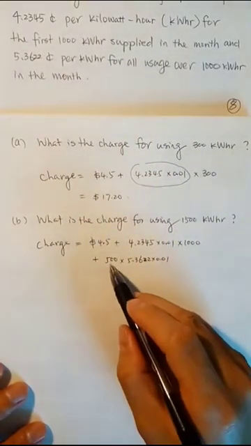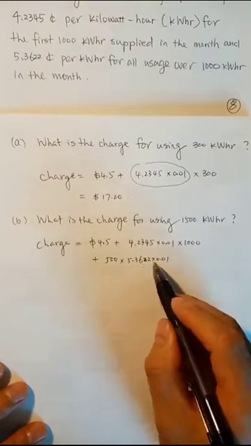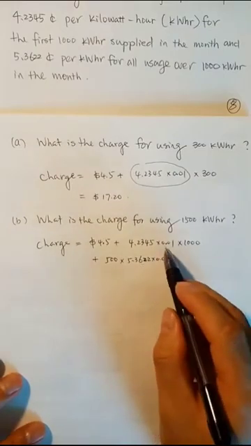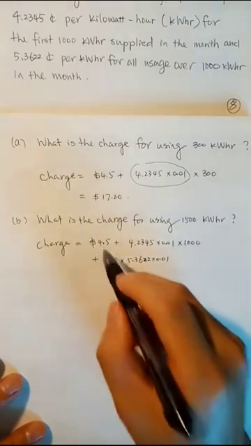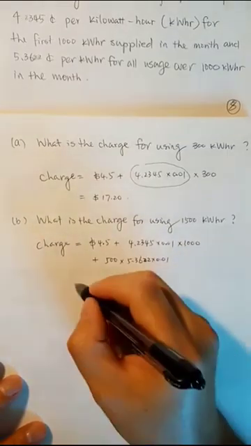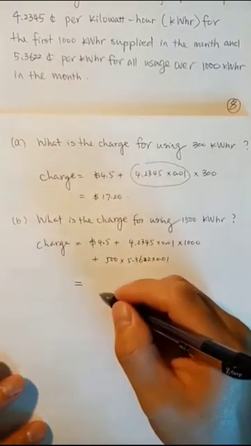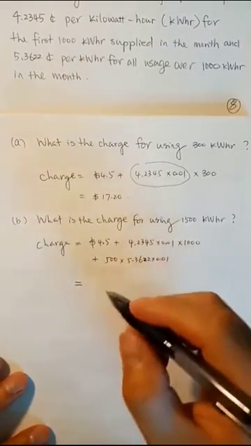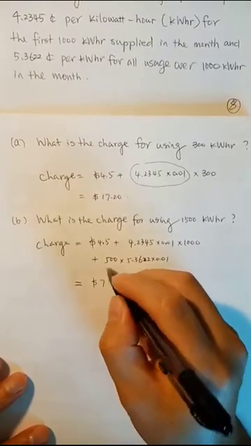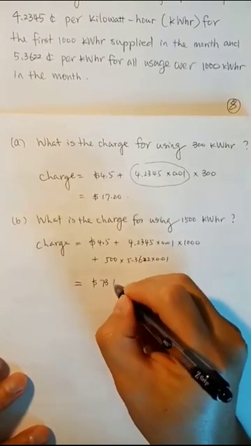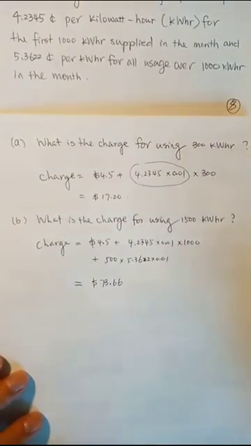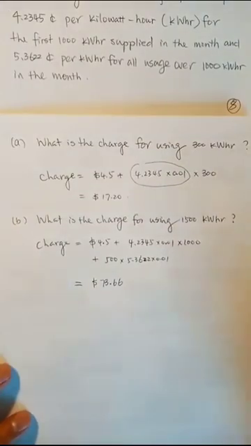So for this 500, you have a different price. Here you have one price, here you have a second price, plus a fixed fee. By the calculator, you will see it's possibly $73.66.